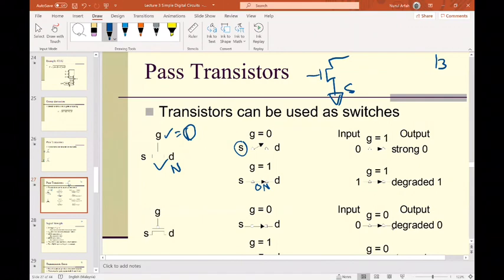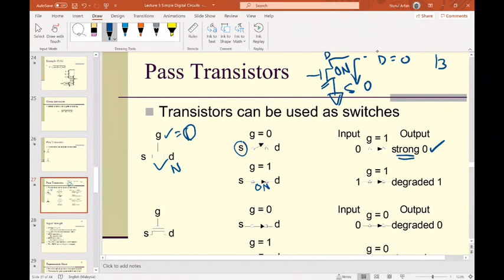So the output here, which is the drain, will pull down to 0 if this is turned on. The drain will be equal to 0. And the NMOS will pass a strong 0.